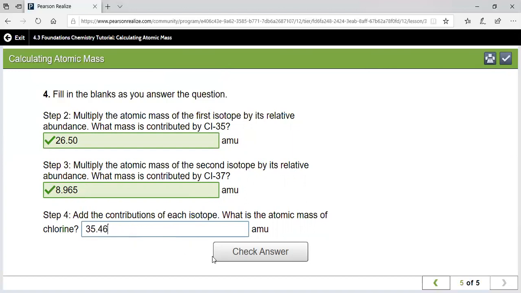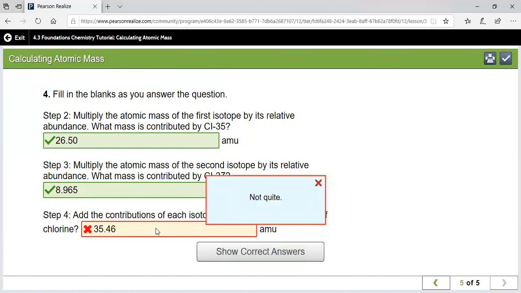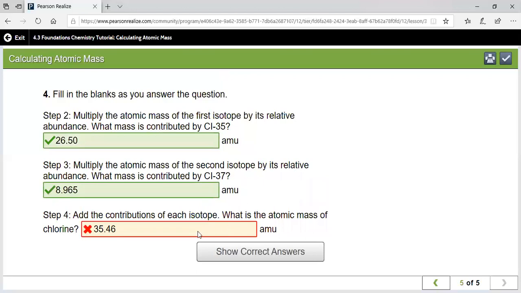That's enough, I think. Let's check. Yeah, they round up. If they round, it will be like that, guys.